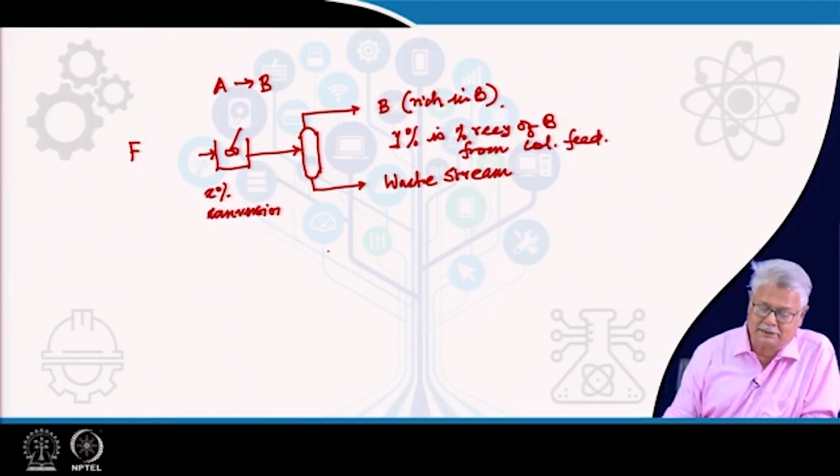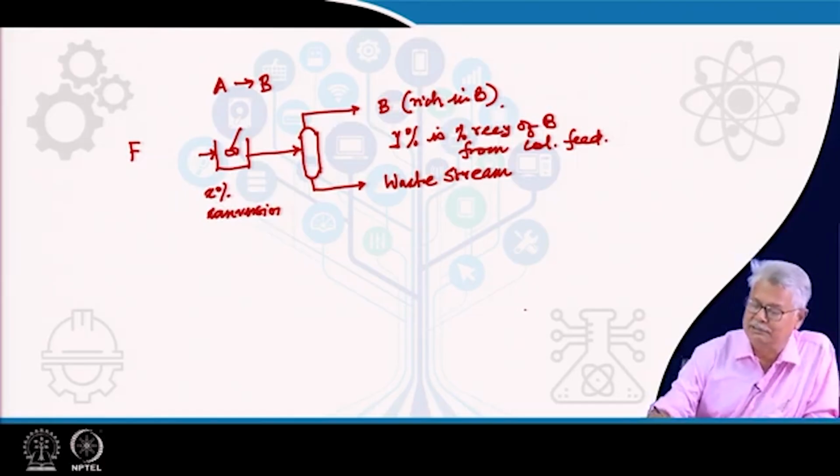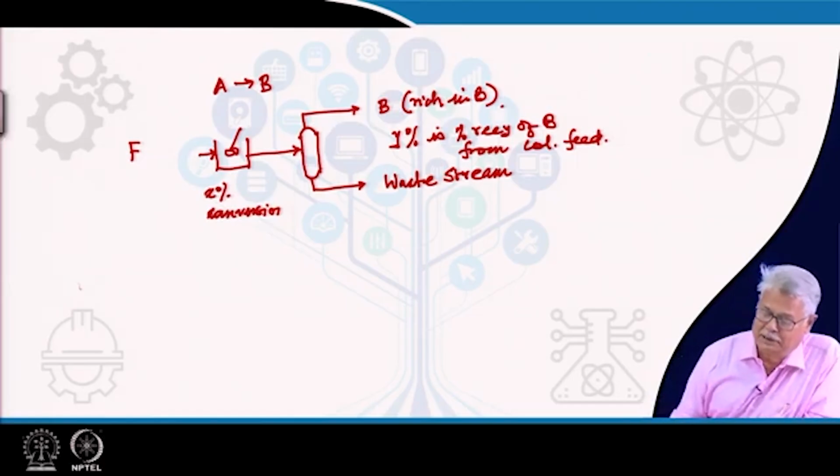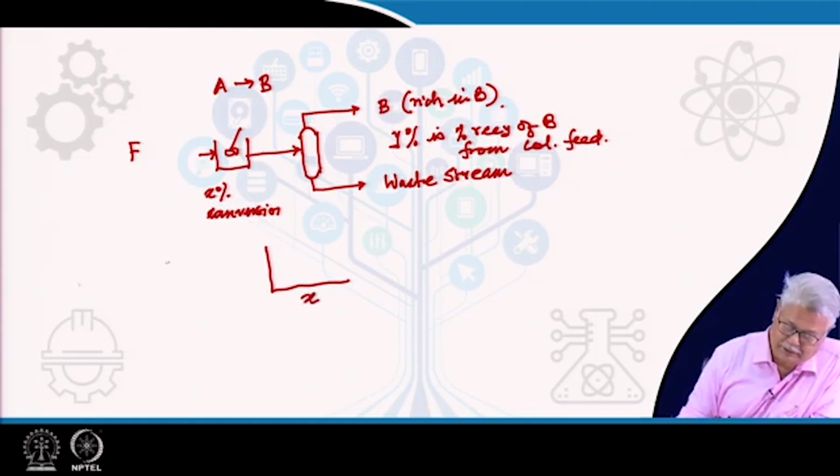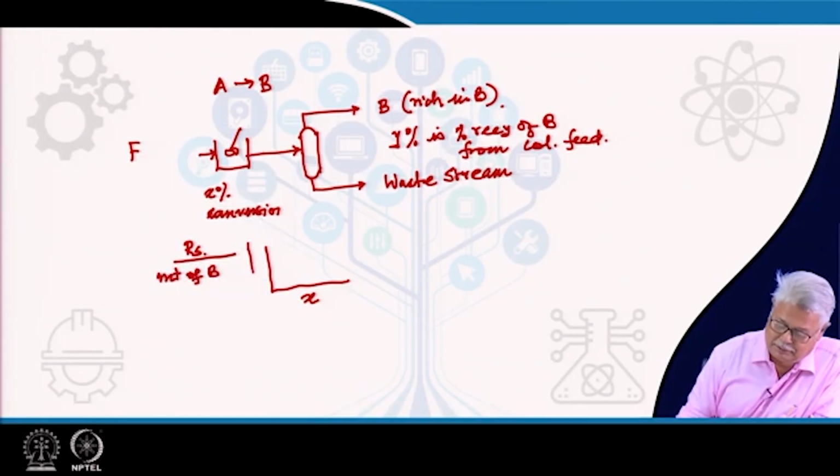Now, if you look at these two individual processes, if we want to see the cost parameter which is based on the X and the Y values, we can put it like this: with the conversion increasing, the rupees per metric ton of B will keep on reducing. That means, you will have a curve like this.